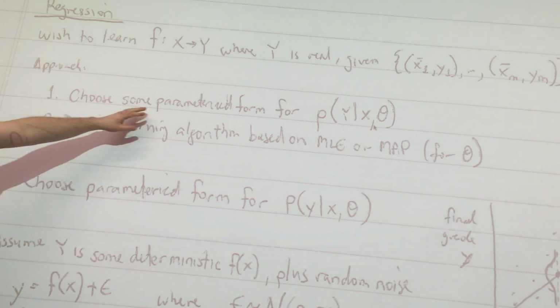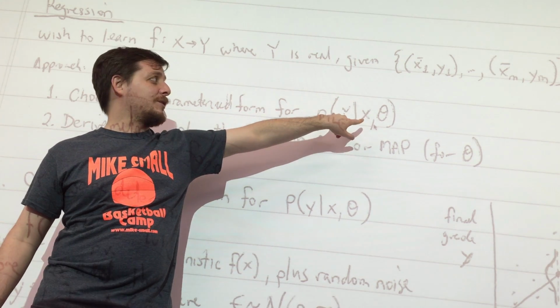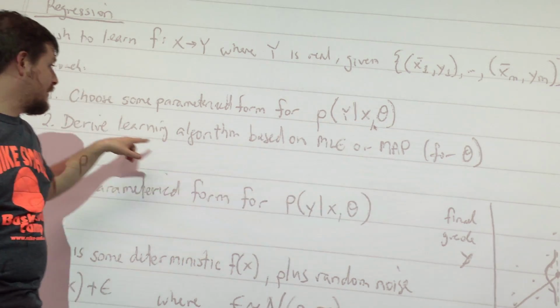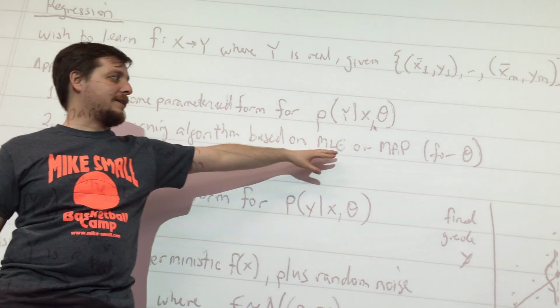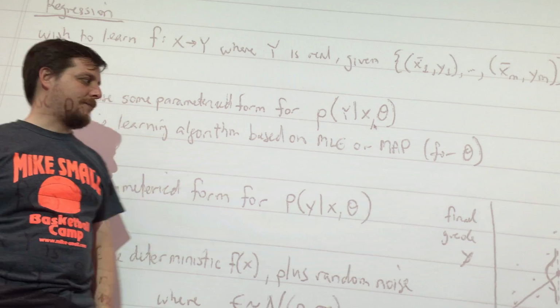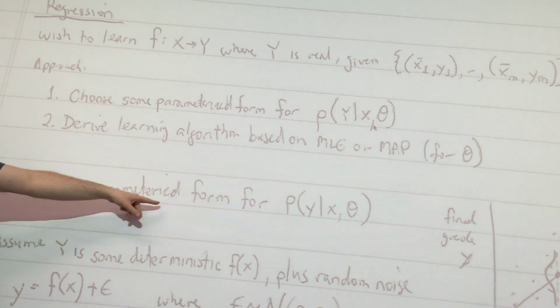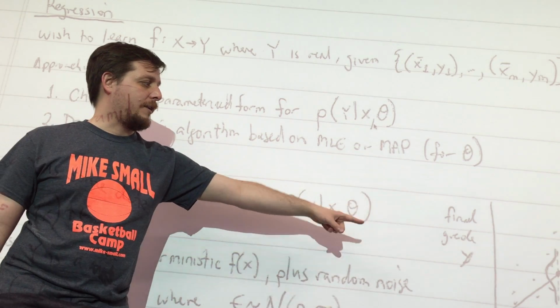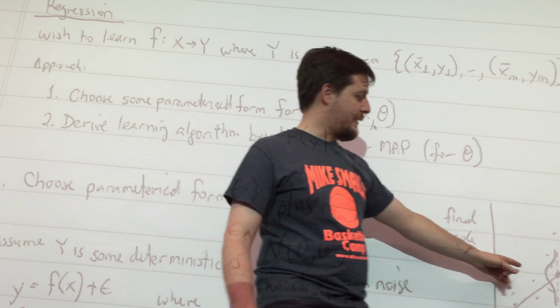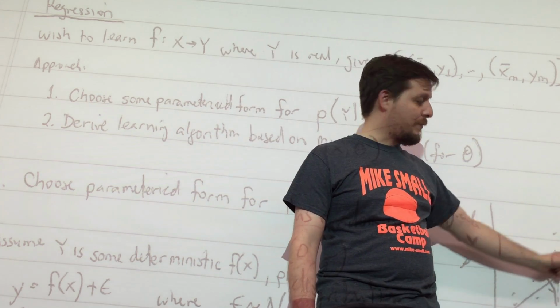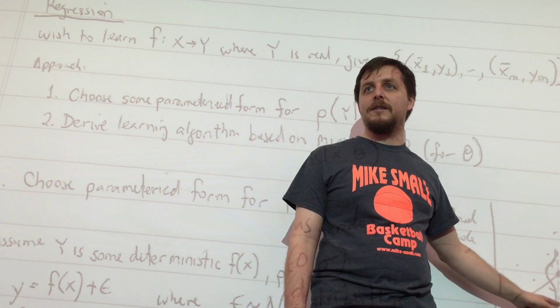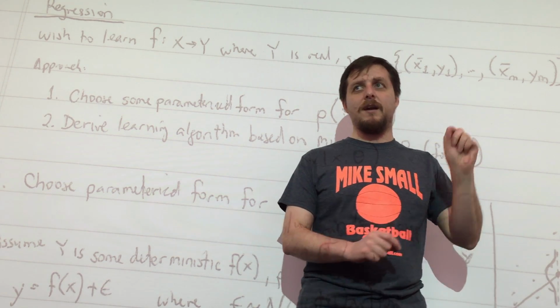So we choose some parameterized form, as we did for logistic regression, for this conditional distribution, and then derive some learning algorithm based on MLE or MAP for that functional form. Our parameterized form for linear regression is the assumption that I have some linear function and then some Gaussian noise, so there's some error function.